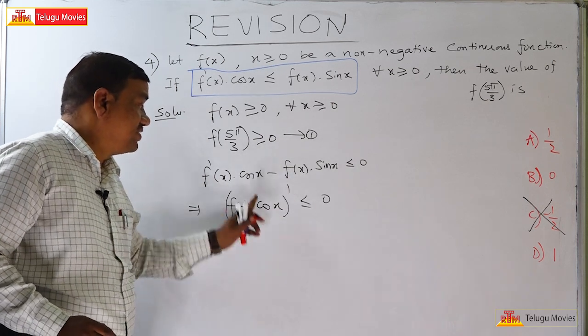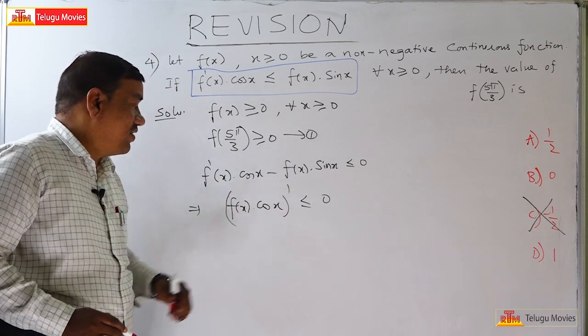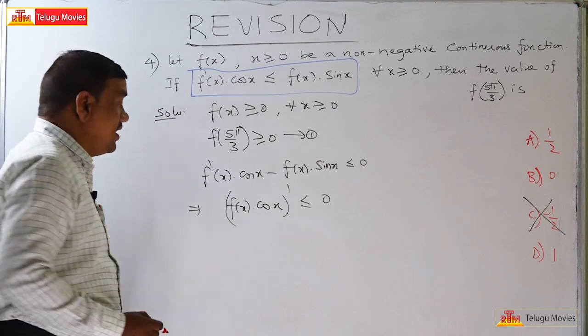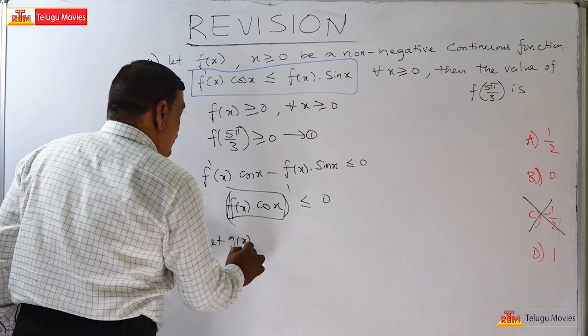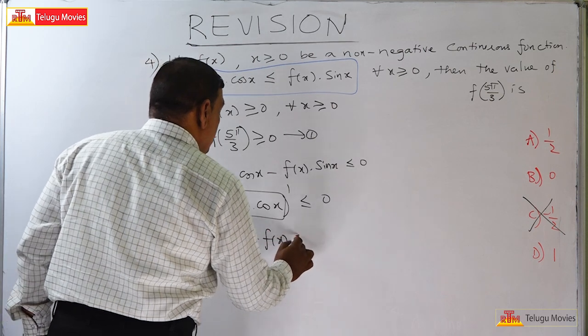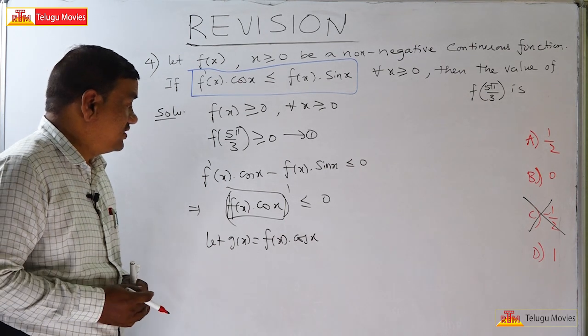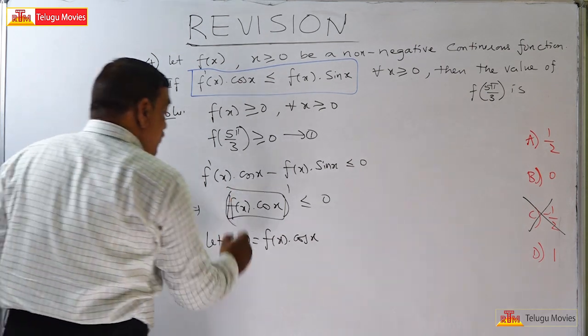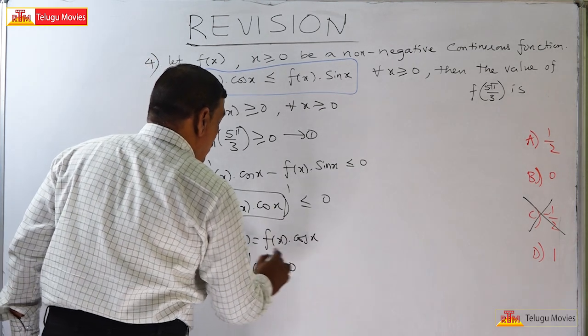This quantity is nothing but the derivative of f of x into cos x. Let g of x be equal to f of x into cos x. Therefore, we have g dash of x less than or equal to 0.